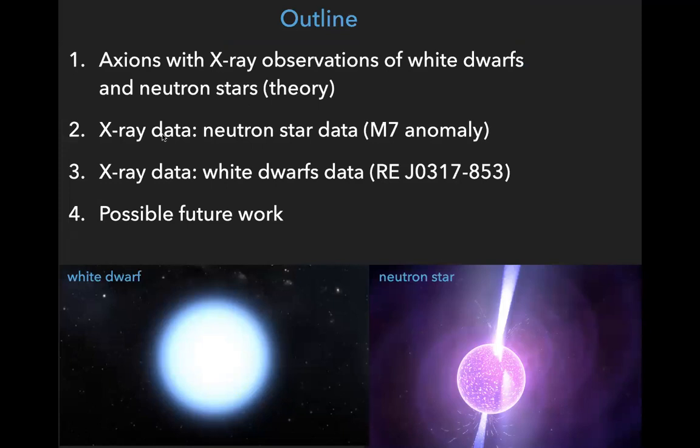I'm then going to go on to tell you about the actual results from our data analyses and our observational campaigns. So I'll tell you about X-ray data analyses of neutron stars in the Magnificent 7 X-ray anomaly. And then I'll tell you about some very recent data that we took towards a white dwarf, RHJ 0317. And then I'll conclude by telling you about some future work that we're working on and some future work that I would just like to see happen.